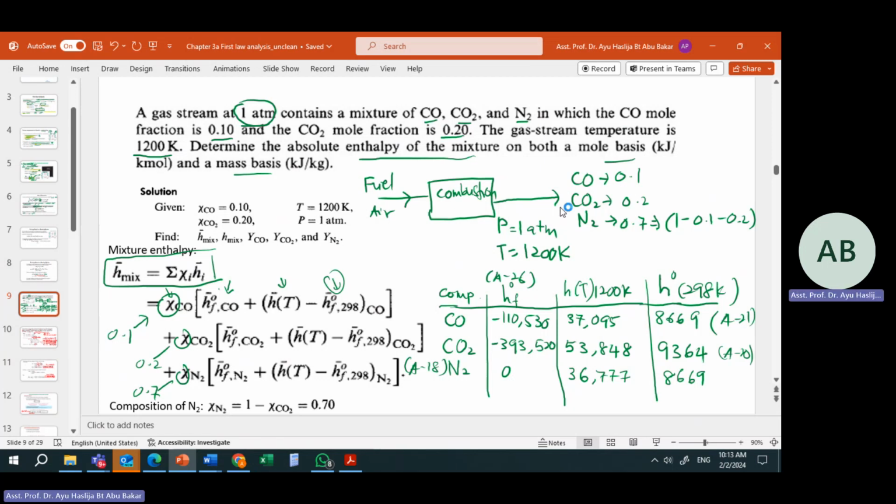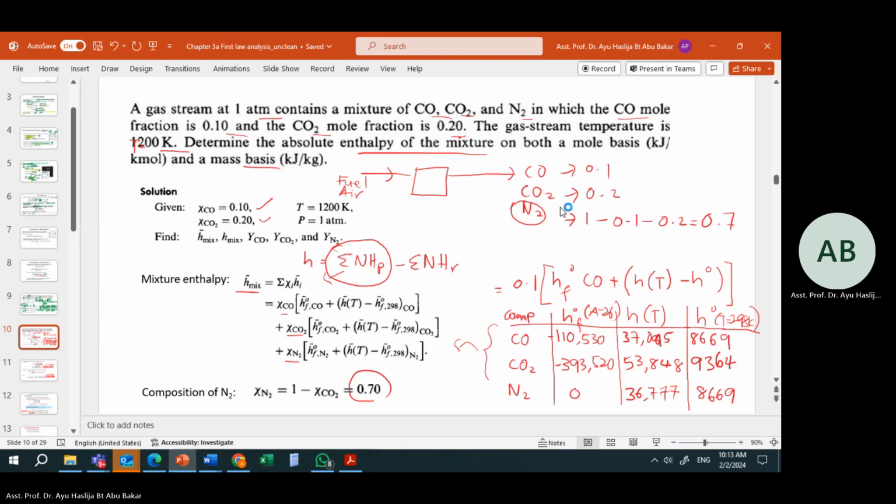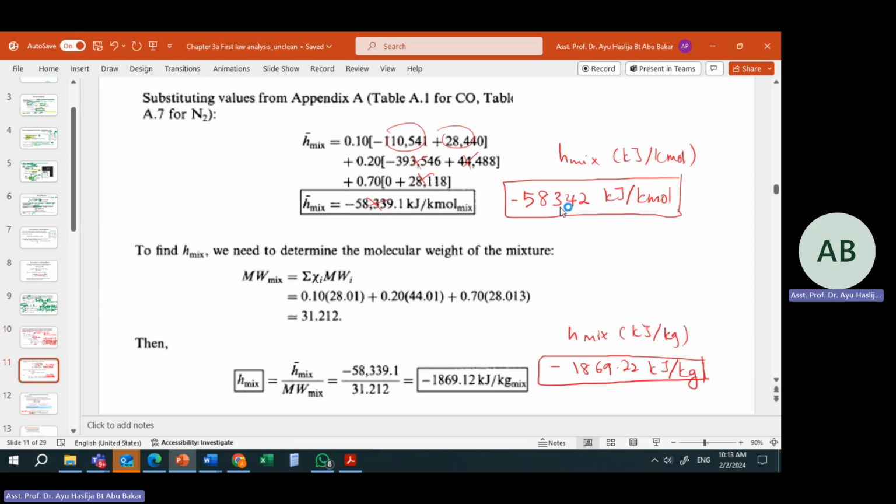Whether you can get the correct value. Dapat. Dapat ni. Okay, so that one is in kilojoule per kmol. The question want both kilojoule per kmol and kilojoule per kg.